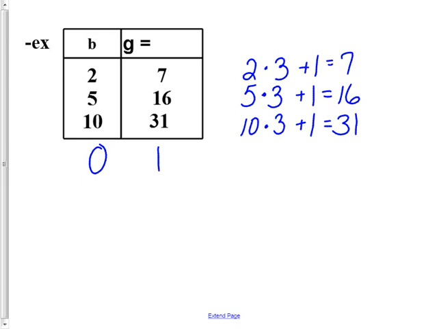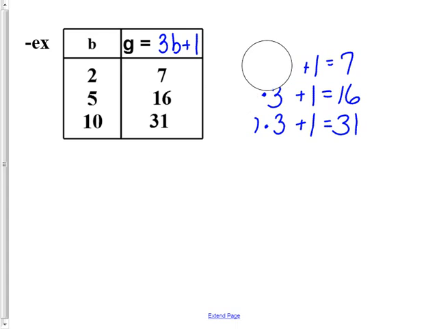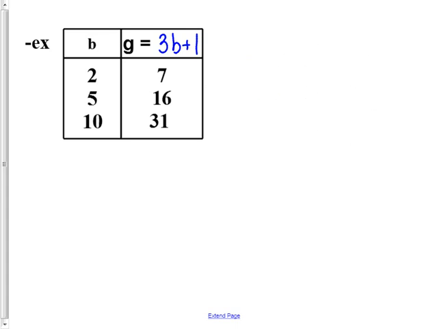So there has to be a plus 1. Once you narrowed that down, it would have helped you also to see that it was 3 times B, or 3B plus 1.